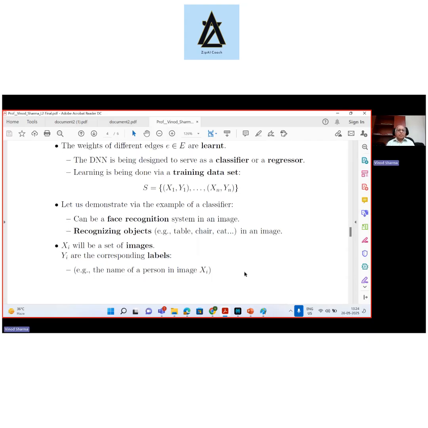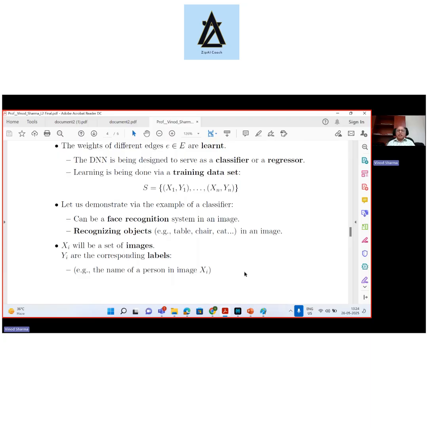Again, let's take the example of face recognition, or as a classifier, it could be recognizing objects in an image. We a priori fix the objects we are considering. It can be a table, a chair, a cat, a human being, male, female, and so on. So you fix the classes in which a possible object in an image will be.